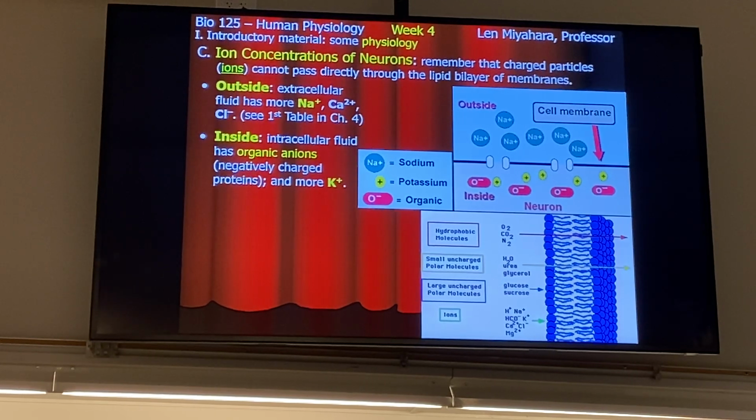But for lecture exam 2, you also have to know that proteins, when they are in solution, tend to be negatively charged.